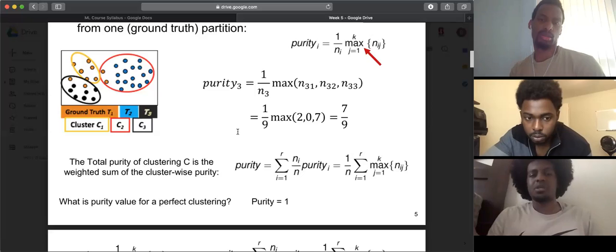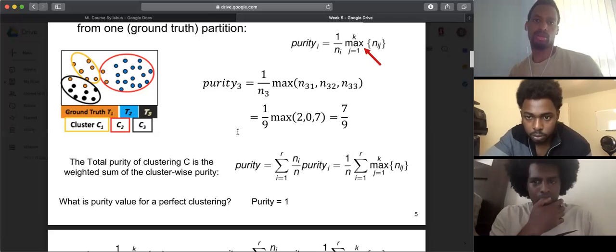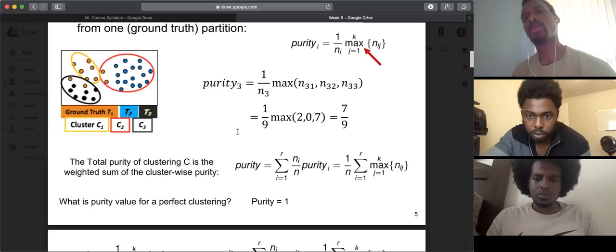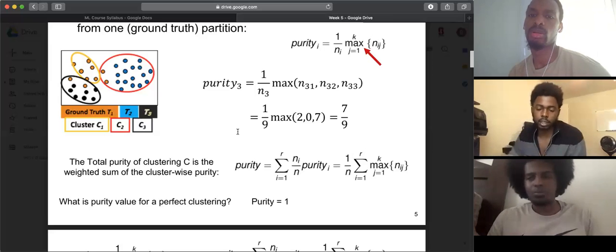So you would have T partitions and C clusters, and they would each map 1-to-1 for a purity score of 1. If you look at that second equation, that should equal 1, right? And then we do a weighted sum based on the number of clusters in each, so that should sum up to 1 total, right? Exactly.